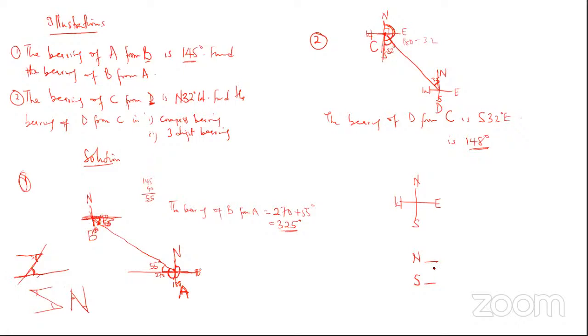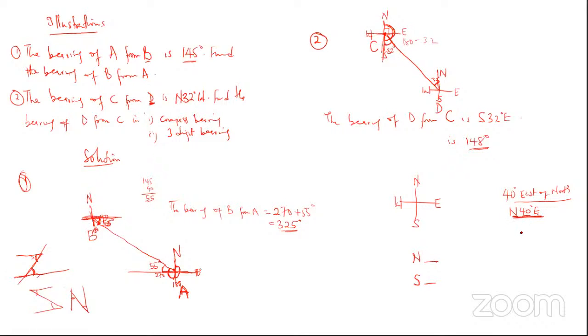For example, if they say 40 degrees east of north, if you are going to pronounce it, this is how you pronounce it. But if you are writing it down, it will be N 40 degrees E. It means we are starting from the north, you measure 40 degrees towards the east.